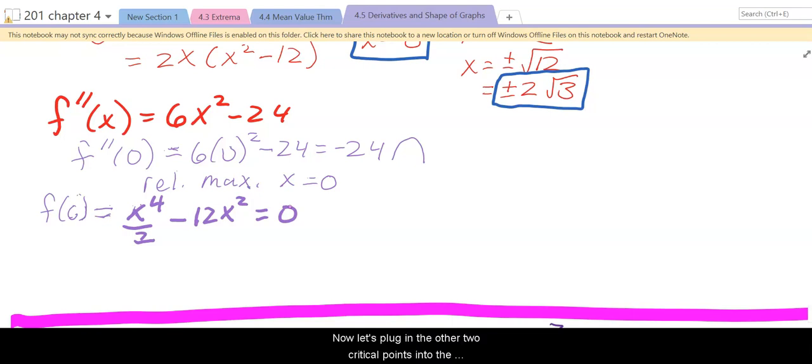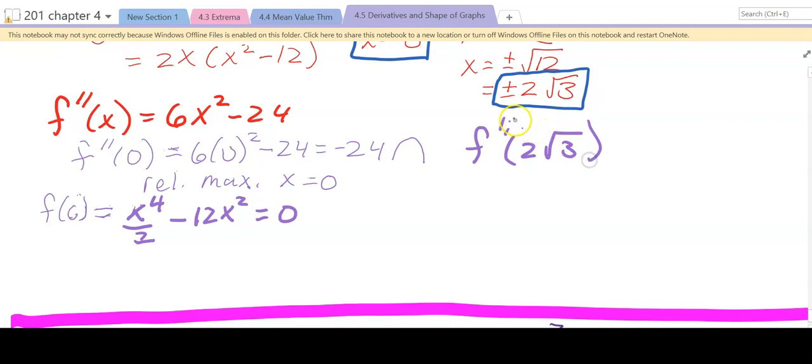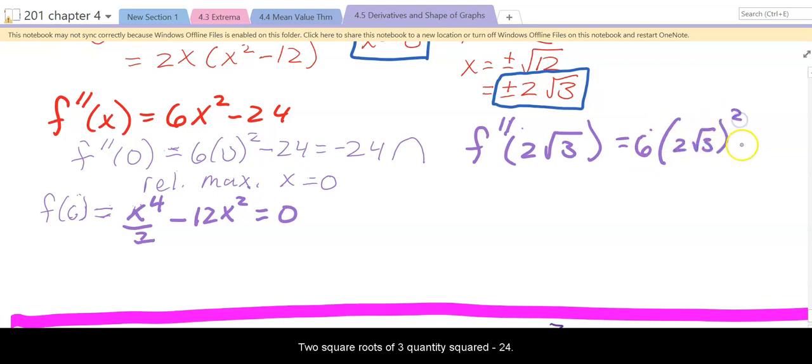Now let's plug in the other two critical points into the second derivative to see if they are also relative extrema. Plugging in 2 square roots of 3 into the second derivative, I get 6 times 2 square roots of 3, quantity squared, minus 24.